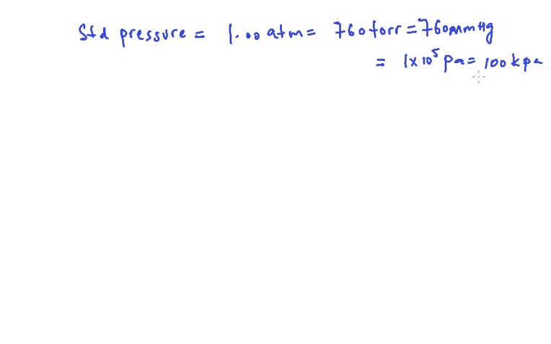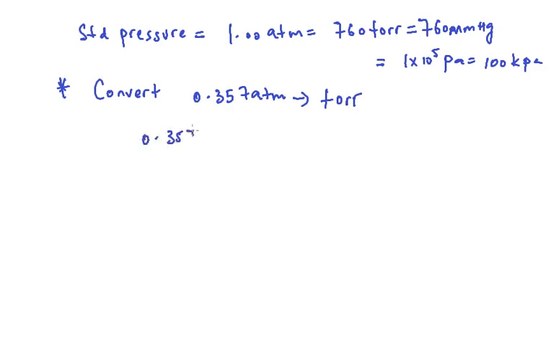Sometimes we may practice converting atmospheric pressure to torr or to kilopascal. Let's do a little bit of calculation here. If you have 0.357 atm, and I ask you to change it into torr, what we have to do is bring 0.357 atm, and to change into torr we need to put 760 torr over 1 atm.